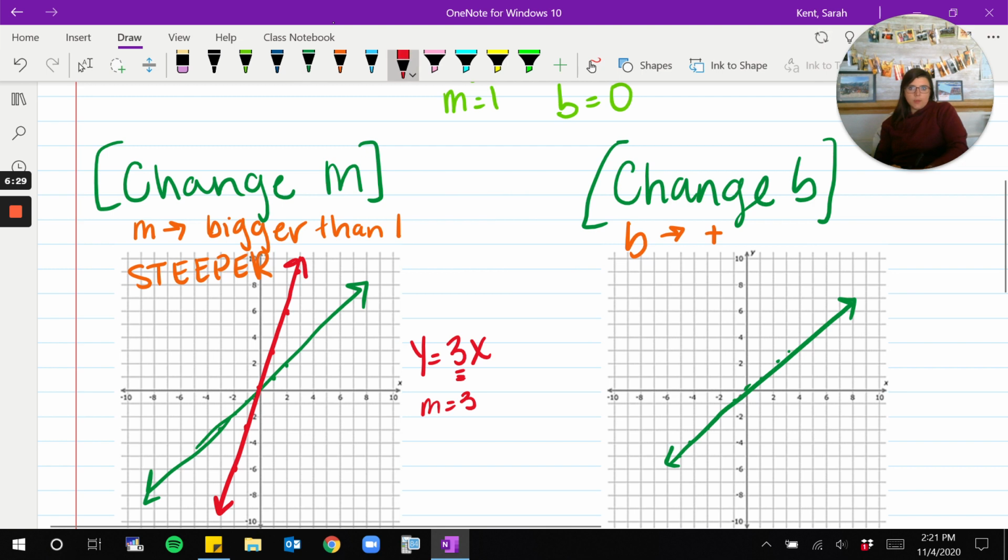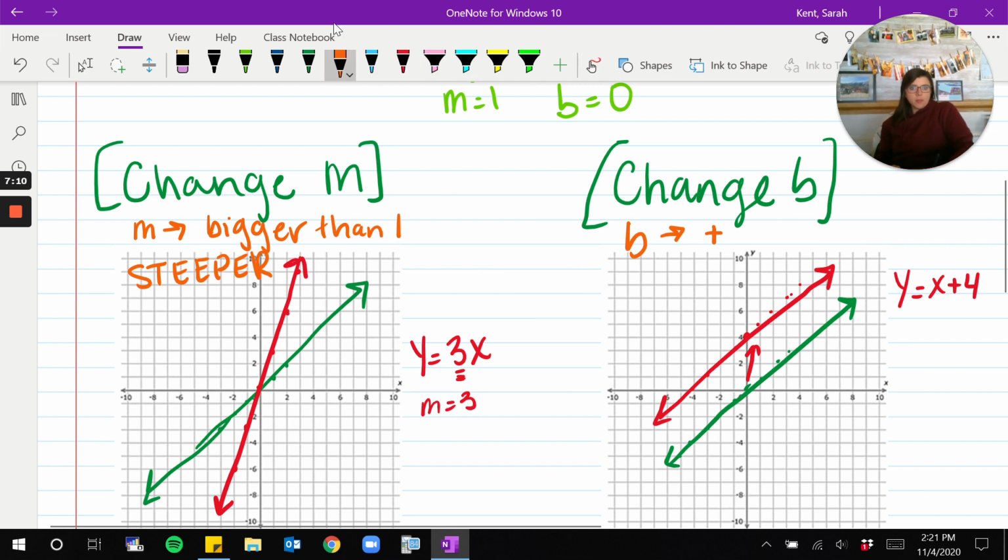But for our example, let's think about if we say y equals x plus 4. So we still have y equals x, but now we have plus 4. So if I have this graph, we're going to go up 4, and then it'll look the same. So it would be something like this, where it just goes up.